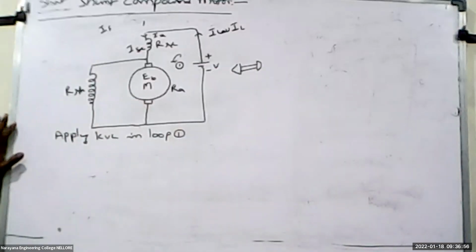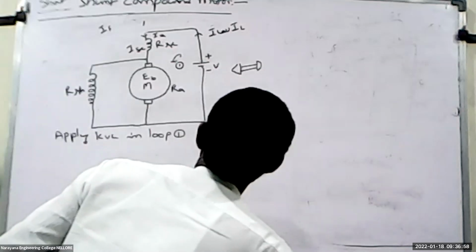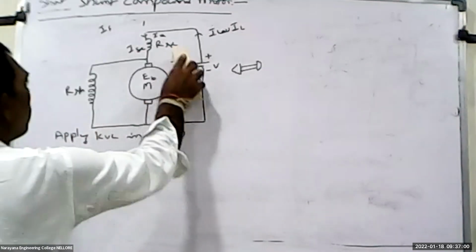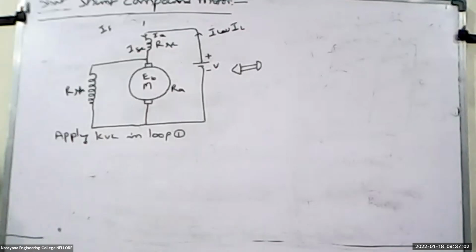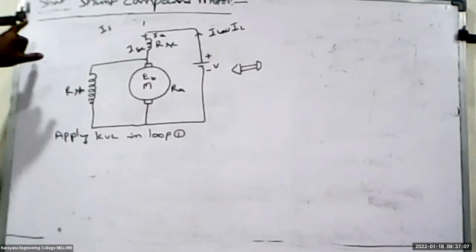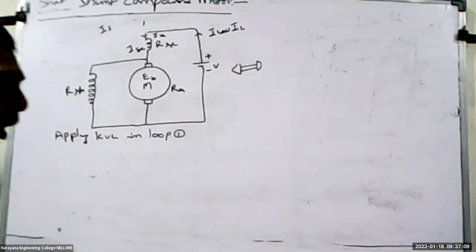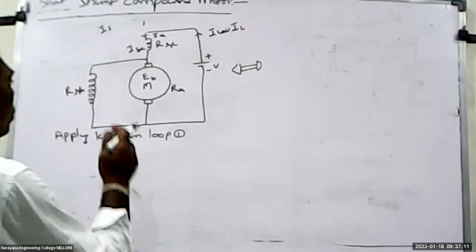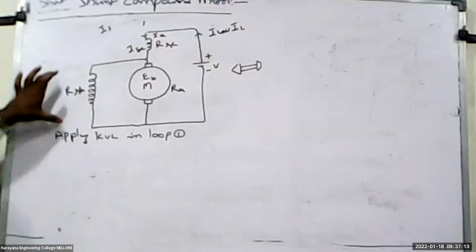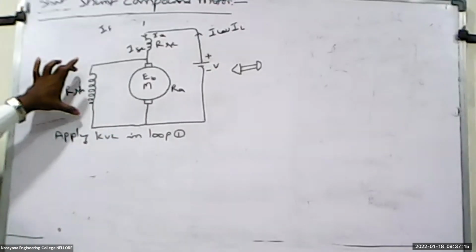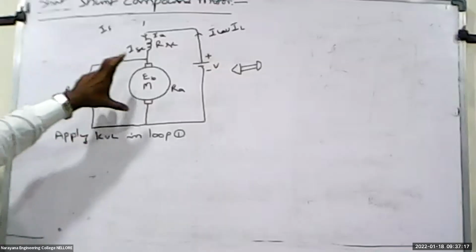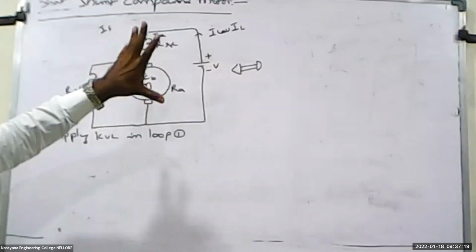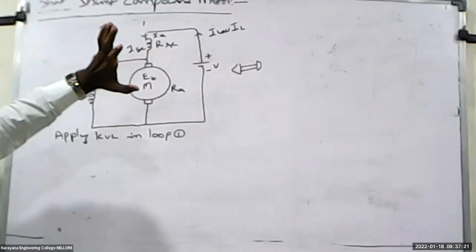Okay, now you consider this is the loop 1 and loop 2 equation, same as this one. So the previous one is the long shunt compound motor. Now it is the short shunt compound motor. Short shunt compound motor means the shunt field winding is connected across the armature only. That is called a short shunt compound motor.